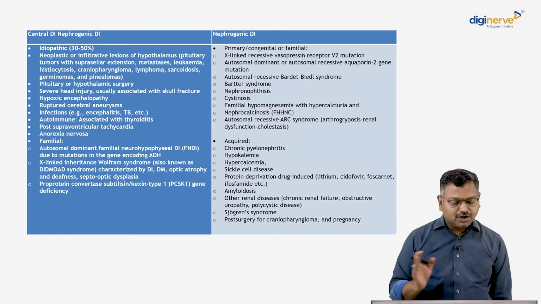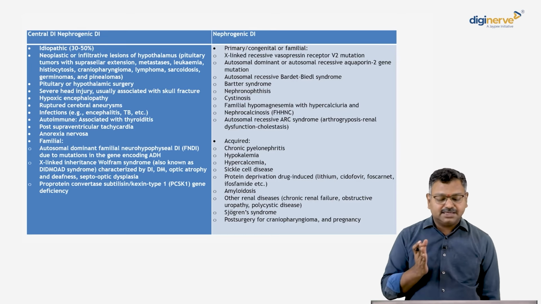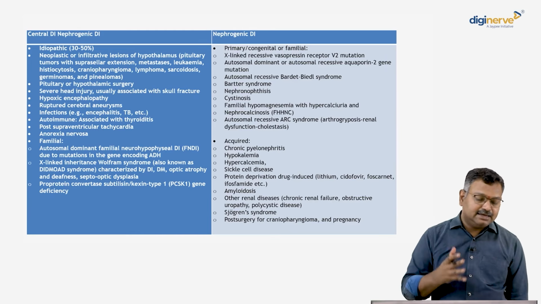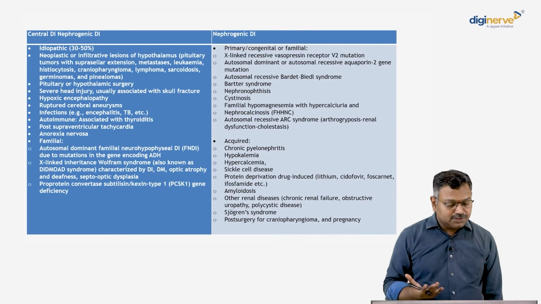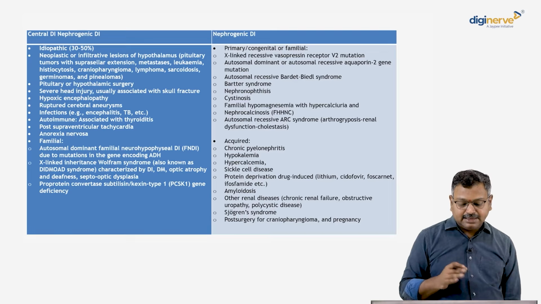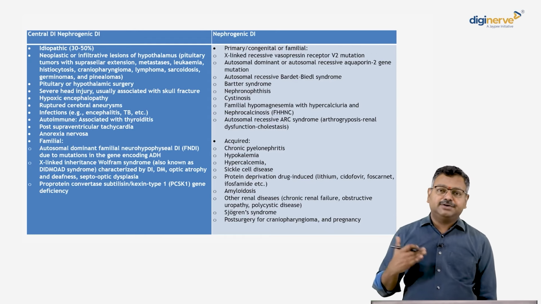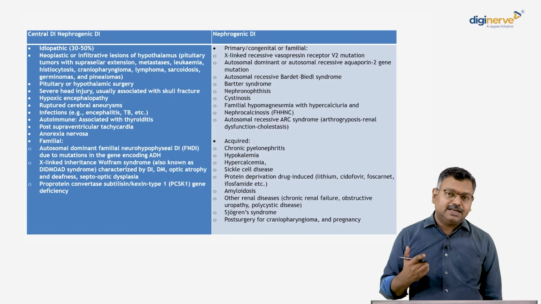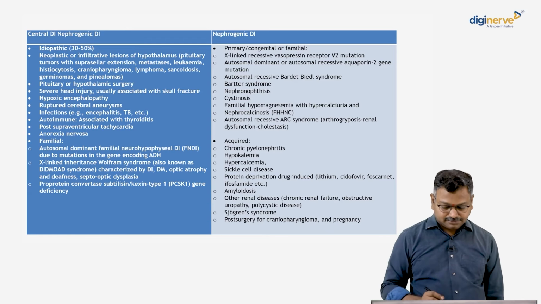So please remember the causes of diabetes insipidus. You could have central diabetes insipidus or nephrogenic. Central: idiopathic, neoplastic, pituitary surgery, familial, DIDMOAD syndrome, Wolfram syndrome, etc. The nephrogenic could be hereditary or acquired due to chronic pyelonephritis, hypokalemia, hypercalcemia, sickle cell disease, amyloidosis, Sjogren's syndrome.